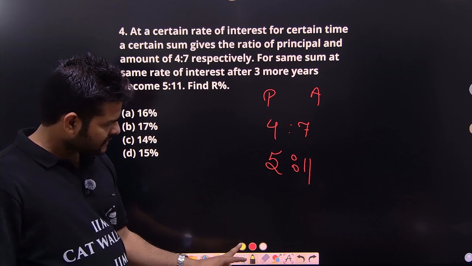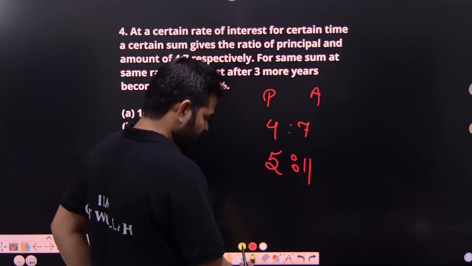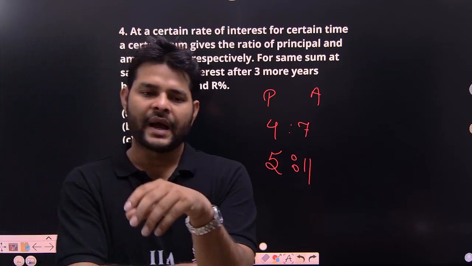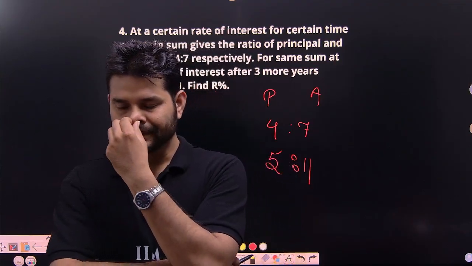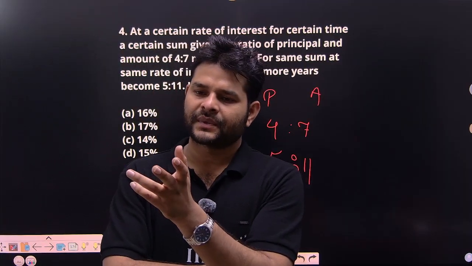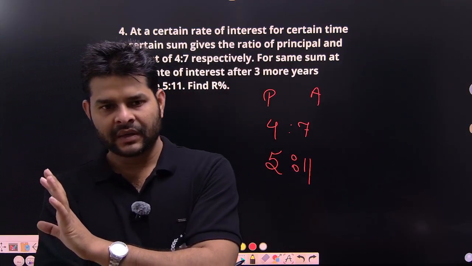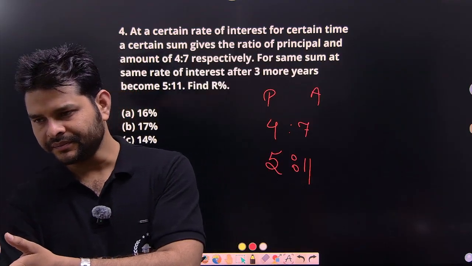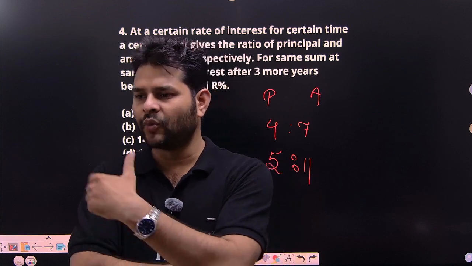5:11. So basically, guys, this is principal, this is amount, this is principal, this is amount. Suppose I have given a fixed principal to someone, suppose 5,000, it becomes 7,000 after 1 year. It again becomes 11,000 just after 3 more years.